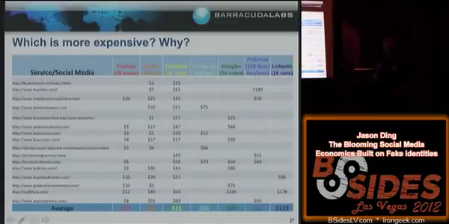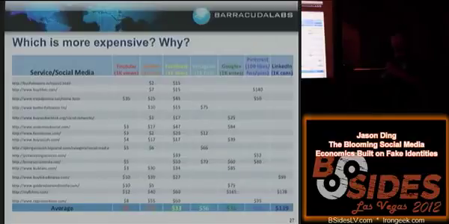Most of them are a magnitude cheaper, but Pinterest is priced in the hundreds. That means Pinterest is much harder for people to create a fake account. And it's also much harder for people to do SEO on them.